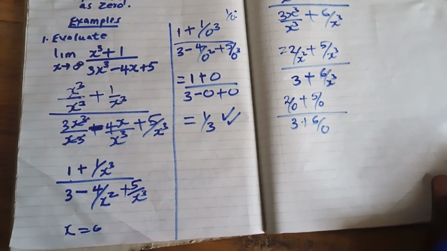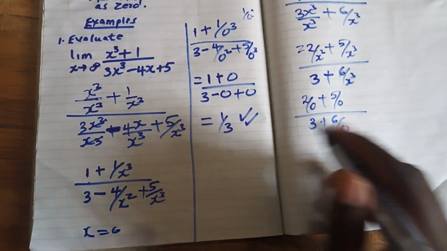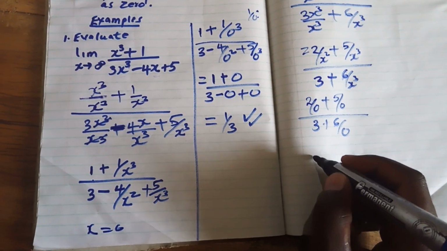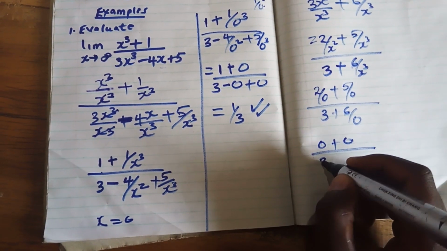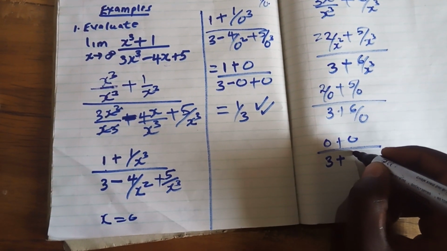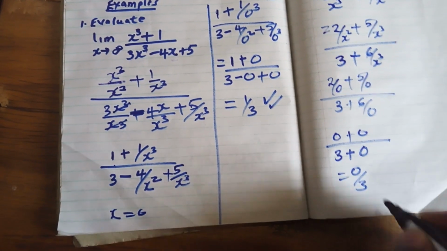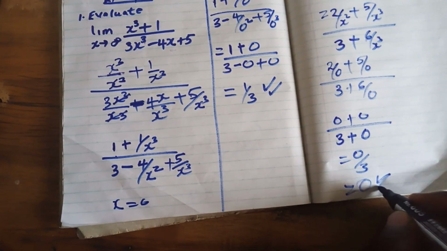In doing that, we have to evaluate. This one out of this one is 0 plus 0, over 3 plus 0. So our last answer will be 0 out of 3, which is 0. Our answer is 0.